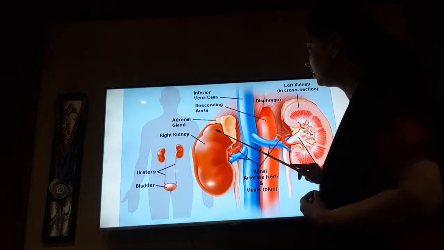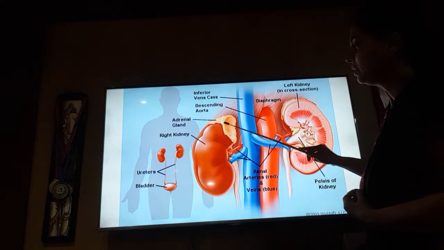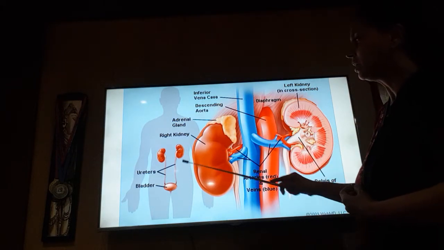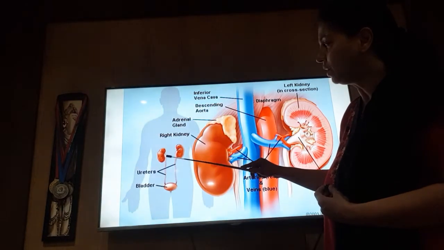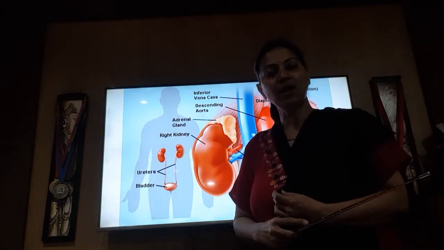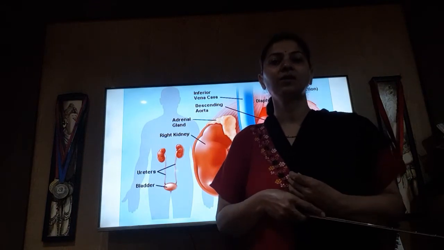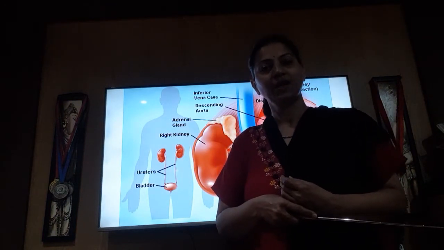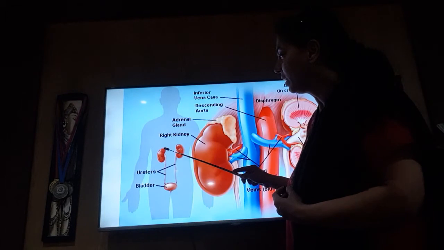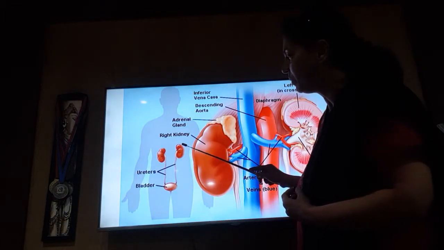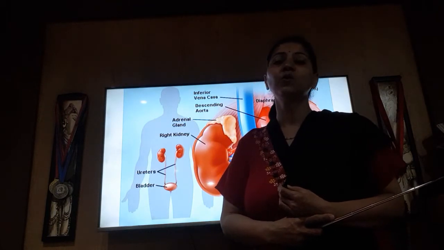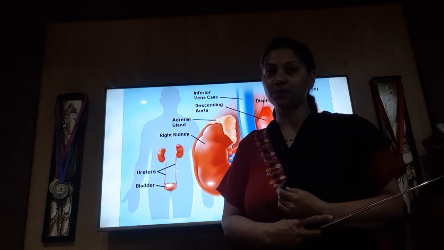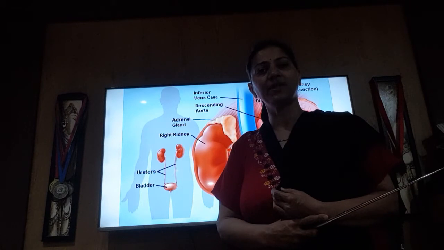And you can see here this right kidney is little lower here and the left is upper. Why it is lower? On the right side we have got a large organ called liver. So because of that, the right kidney is slightly lower compared to the left kidney, and left kidney is related to spleen, as I have already told you. We will talk about relations later on.